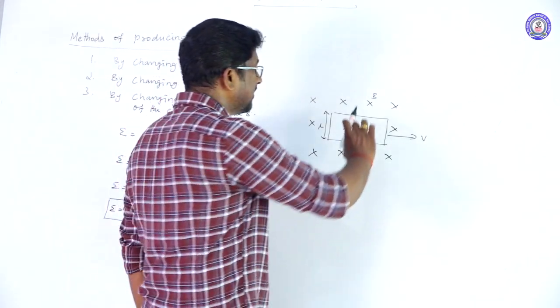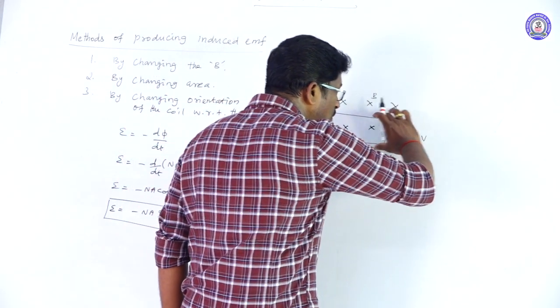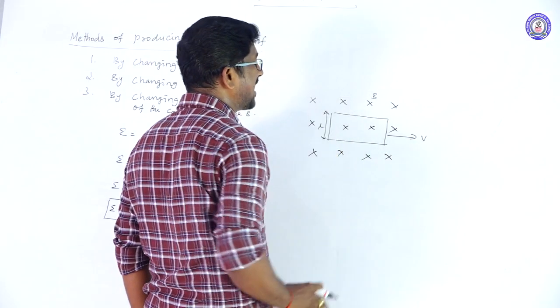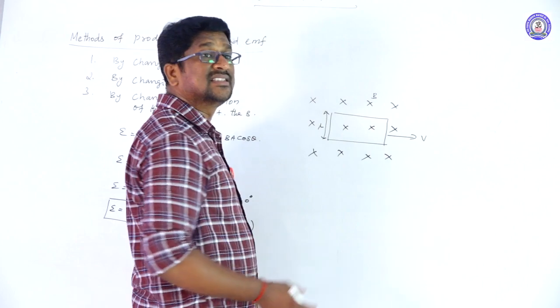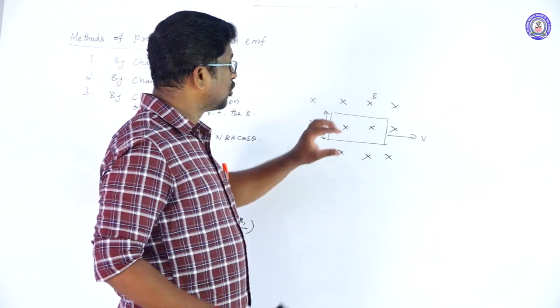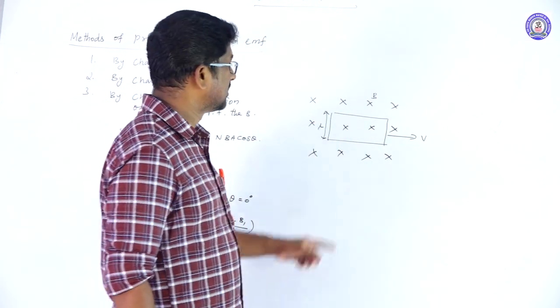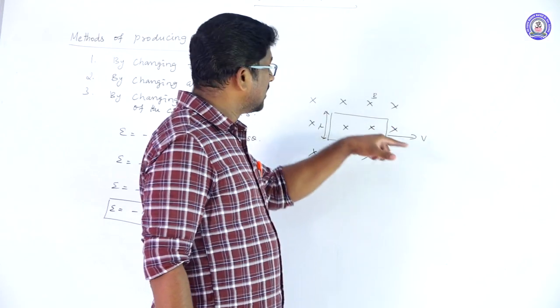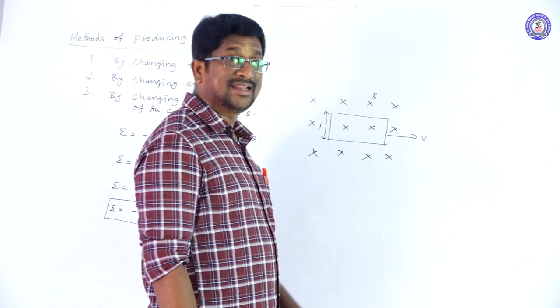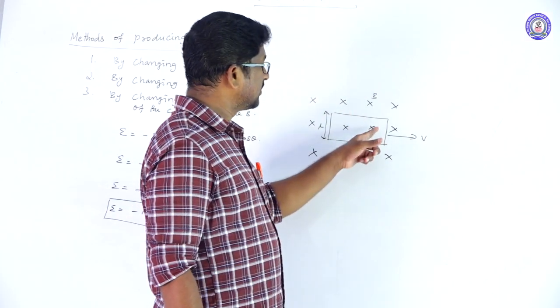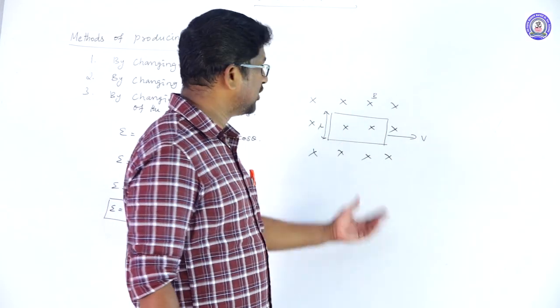This is because when the rectangular loop is moving outward from the magnetic field, the area of the loop within the magnetic field changes. So due to the changing area, the number of magnetic field lines, that is the flux linked with the coil, changes. So the flux linked with the coil changes means an EMF is induced.